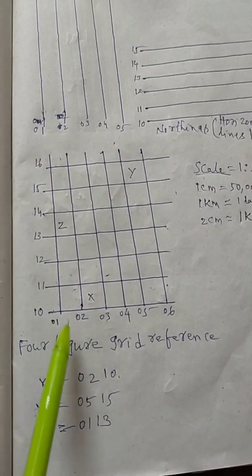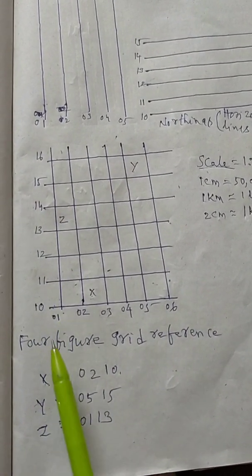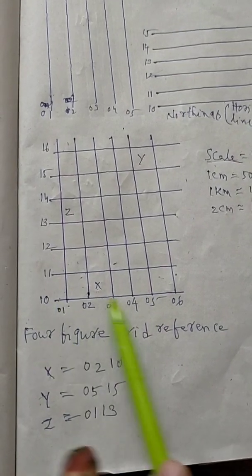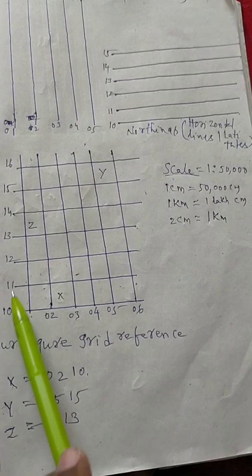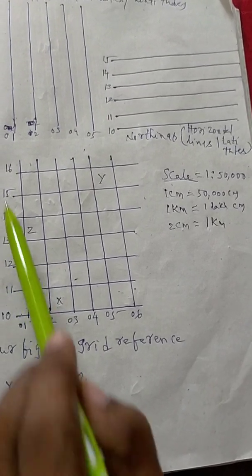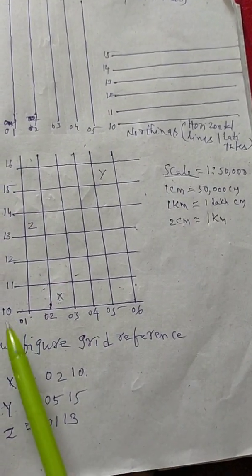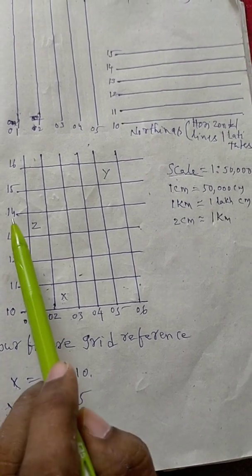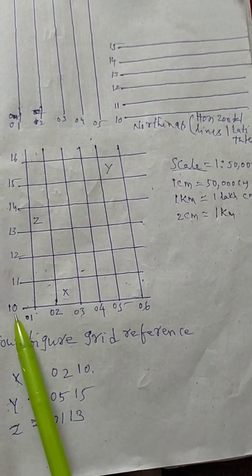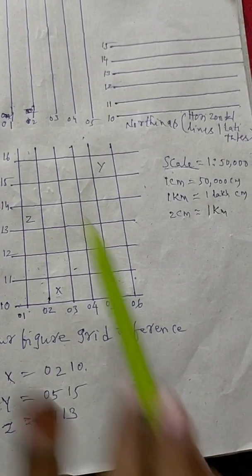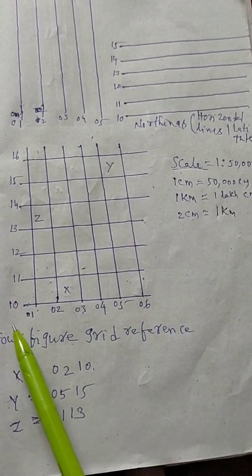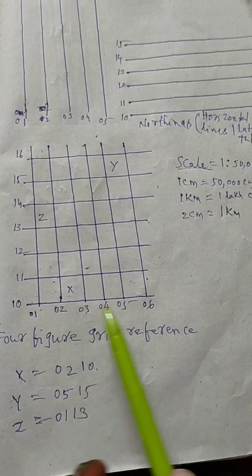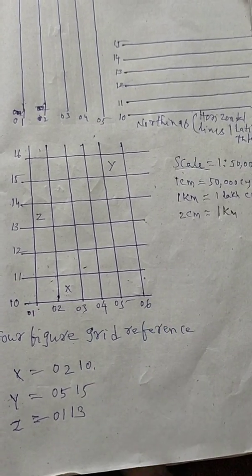These come under eastings and northings 10, 11 and goes on. So northings increases towards north from the south. Eastings increases from southwest corner towards east.